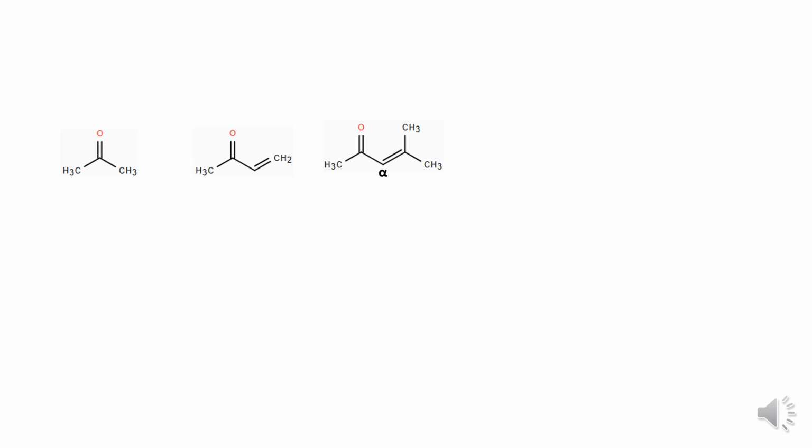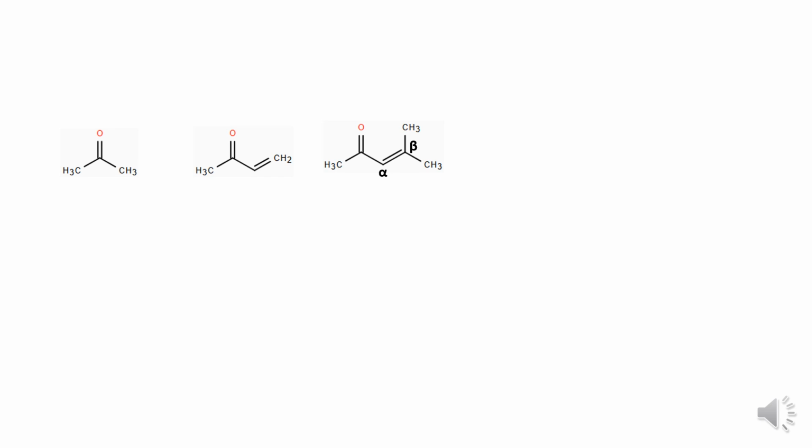And how do you identify an alpha and beta carbon in case of conjugated carbonyl systems? The first carbon with respect to the carbonyl carbon is the alpha carbon, and the second carbon with respect to the carbonyl carbon will be the beta carbon.